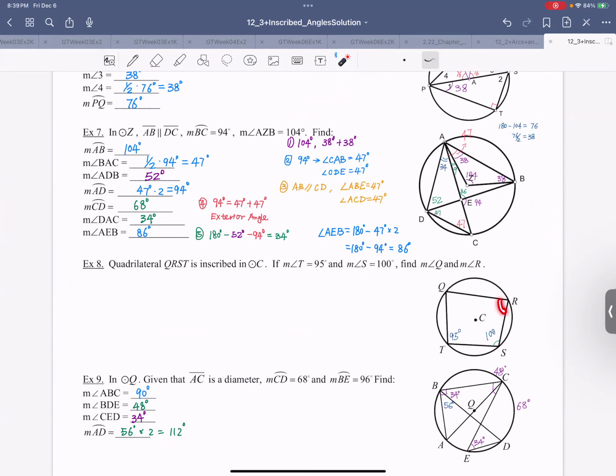We just learned this. Emma? R is 85. Good. Because this plus this equals 180, because they're supplementary. Yes. How much is this one? That would be 80. Good. You got it.